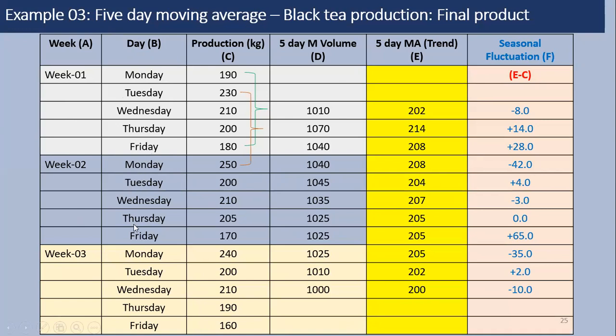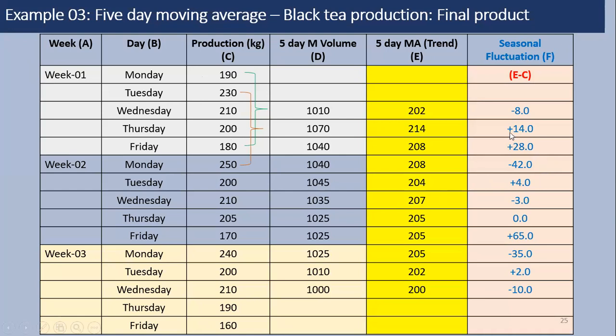You can see Monday to Friday for 3 weeks. We get the data about their total production. On Monday their production is 190 kilograms, and Tuesday it differs. Wednesday 200. For Monday and Friday there are some decreases, but the highest is Tuesday.